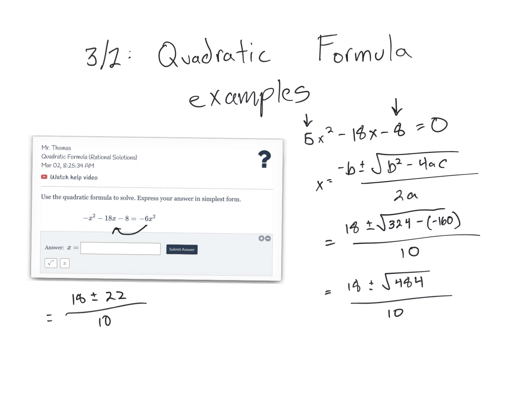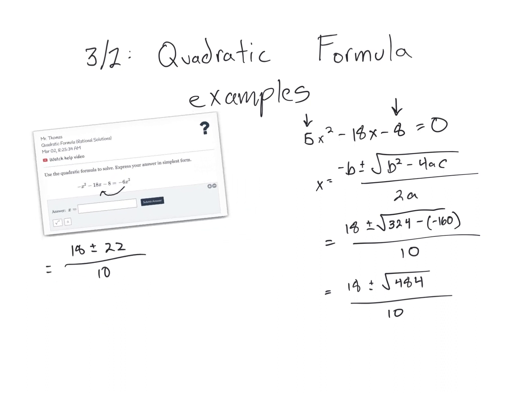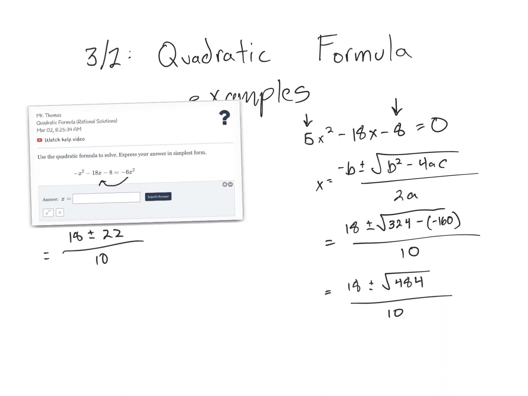over 10. And now there are two numbers going on here. So we got one that's 18 plus 22 over 10, and there's another one that's 18 minus 22 over 10.